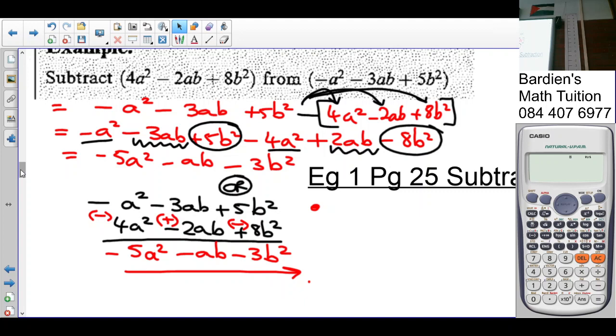In the exam, you have a choice, whichever way you want. Make sense? Hereafter, we're not going to do both. That's okay. Guys, let's back up.